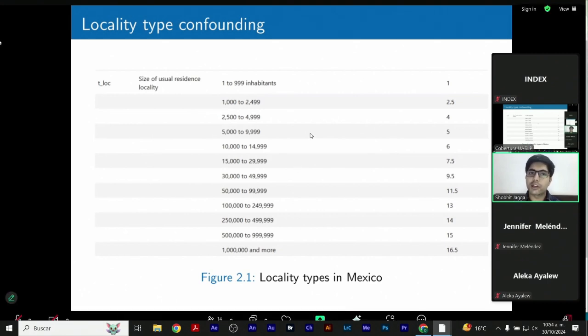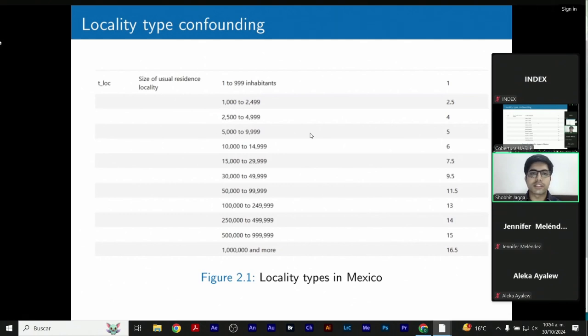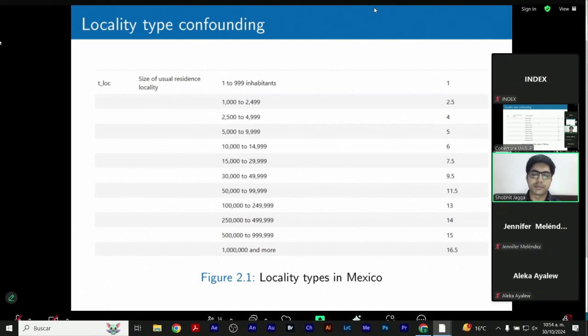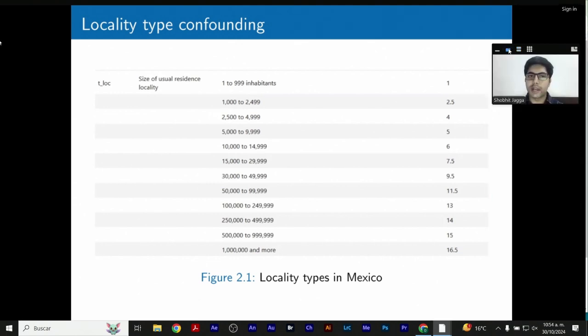Here, I show that locality type is also a confound in standardized mortality rate calculations. A locality basically is just a subdivision of a municipality in Mexico, and its type corresponds to the population that resides there. As in the figure, type 1 means less than 1000 residents residing in the area. Greater than 7, for example, would mean greater than 15,000 residents in the area.